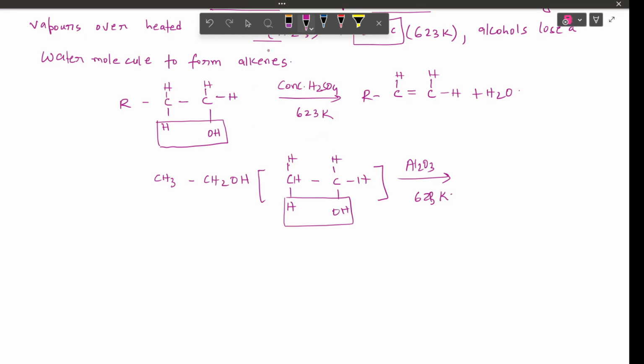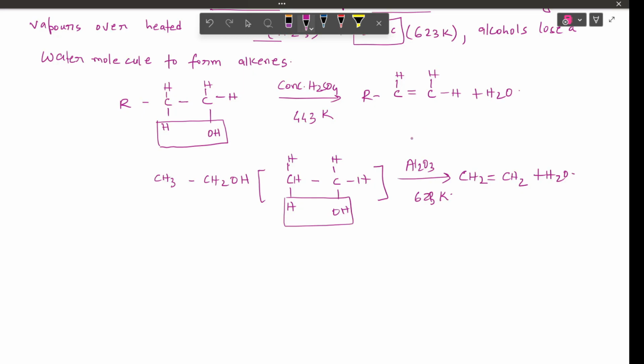Remember one thing, that if you give Al2O3, you have to give 623 Kelvin, and if you give concentrated H2SO4, you have to give 443 Kelvin. So you will have alkene, that is CH2 double bond CH2 plus water. Okay.